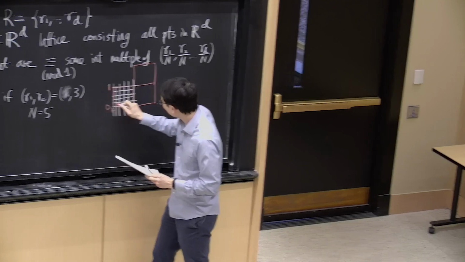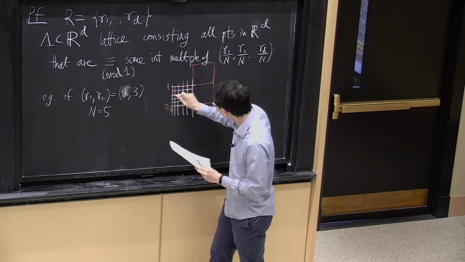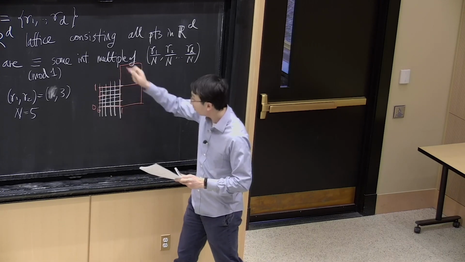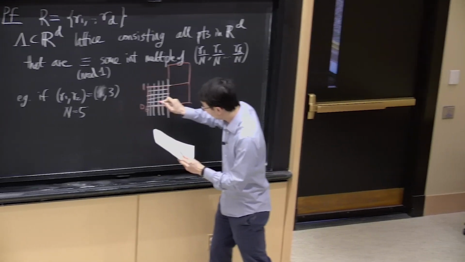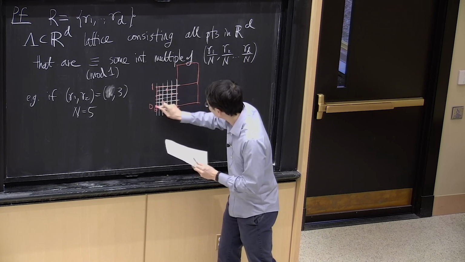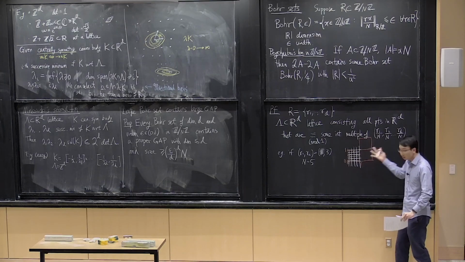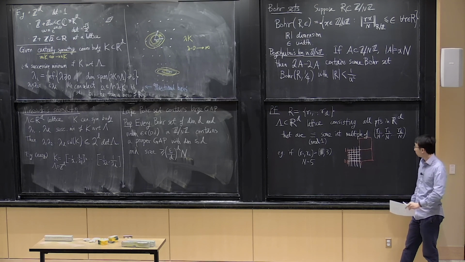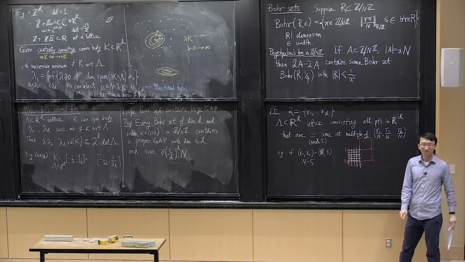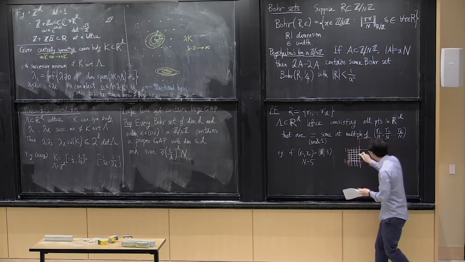So I start with (1, 3), right? And I look at multiples of it, but I mod 1, so I would end up with these points, and then repeat it.